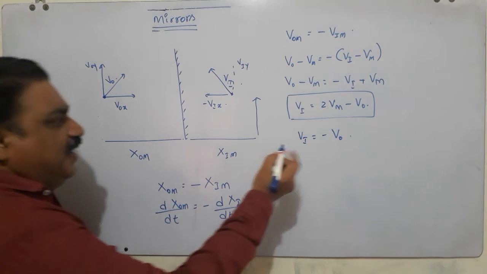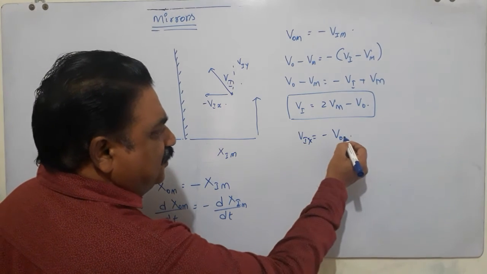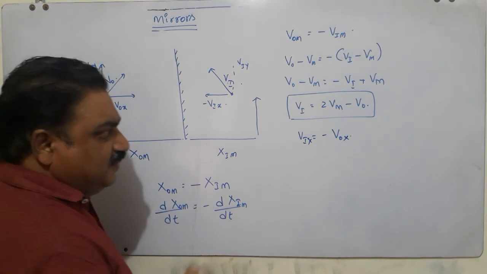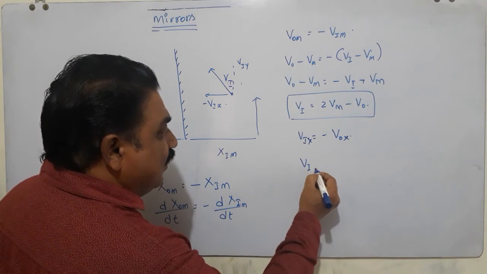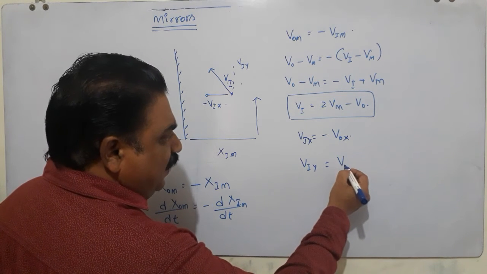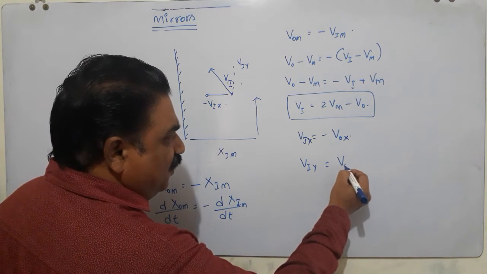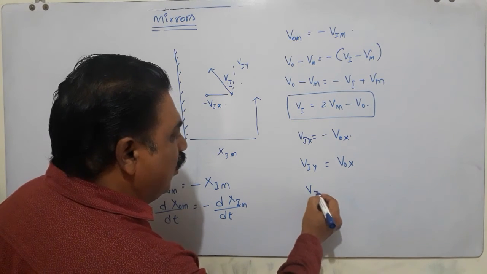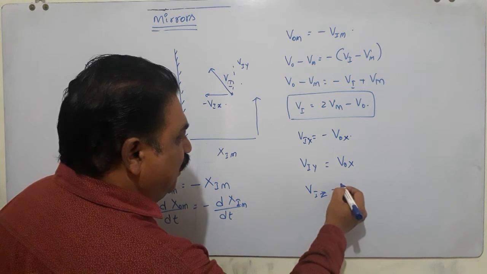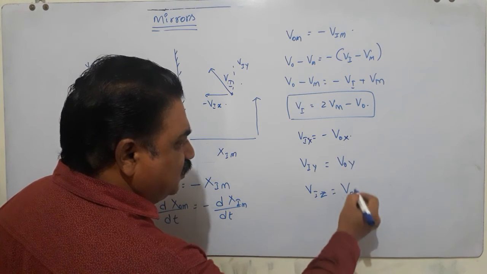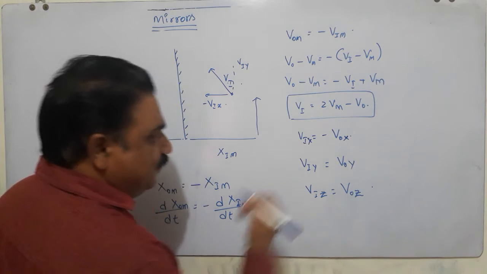Vi along the x-axis is minus V0 along the x-axis. Vi along the y-axis will not be changed; it will be as it is, V0y. Vi along the z-axis will be equal to V0z.